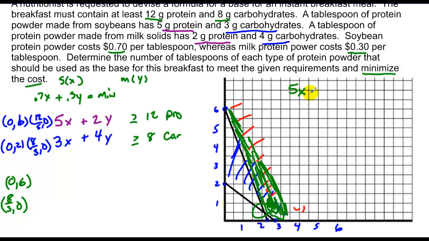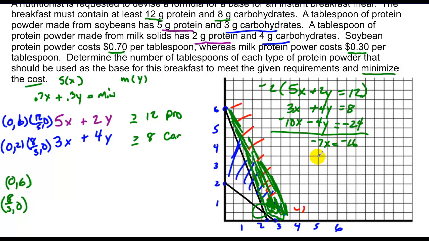Once again, I'll solve that system. I have 5x plus 2y equals 12, and I have 3x plus 4y equals 8. Multiply the top by -2, -10x minus 4y equals -24. Add them up, gives me -7x equals -16.